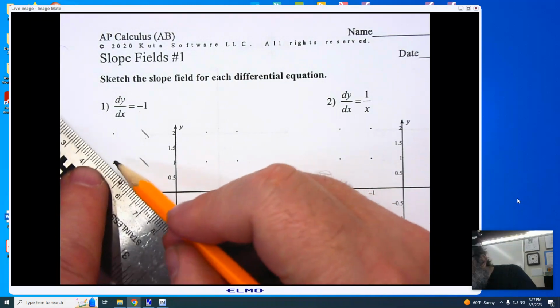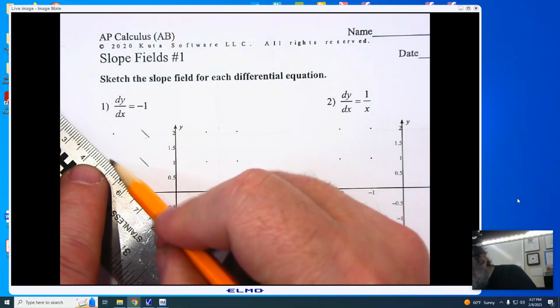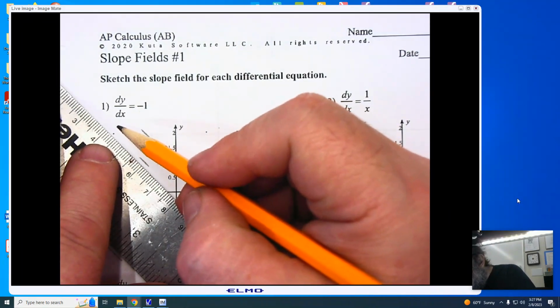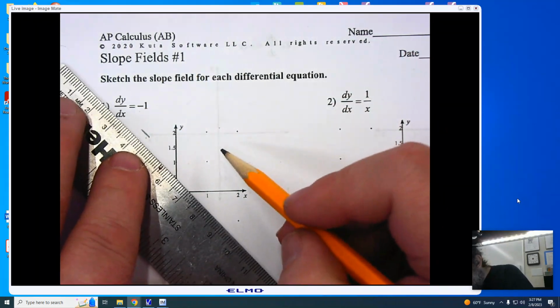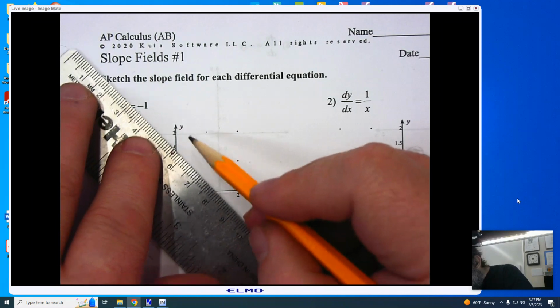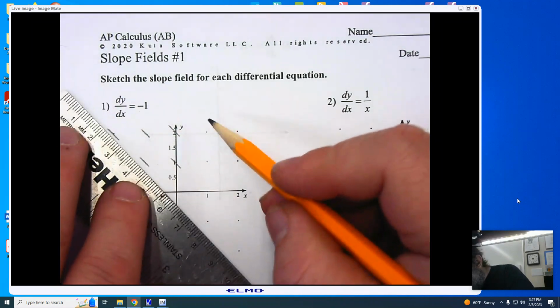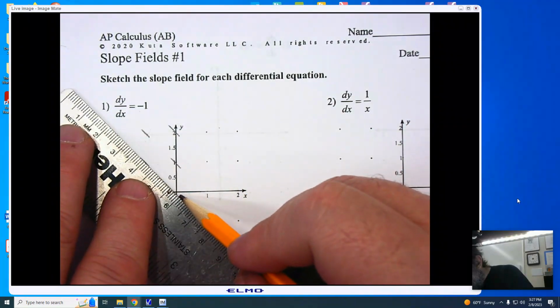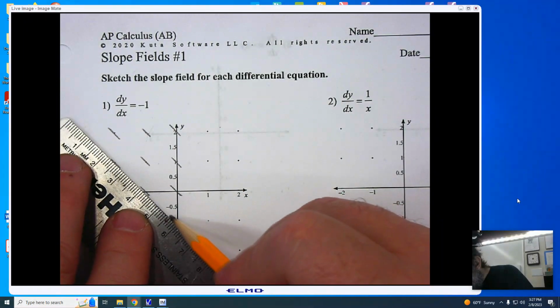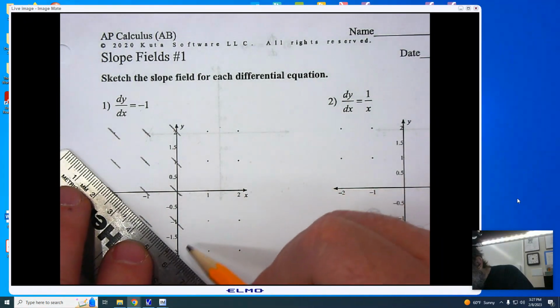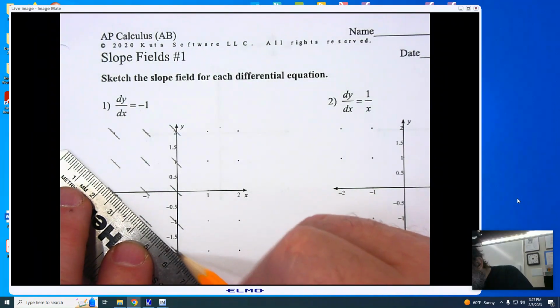Now, you'll notice that the segment's length, there's no clear delineation for how long it has to be. It just can't be across the whole page. If that were the case, it'd kind of be a little silly. And I'm going to make sure that I put this slope at every single point that I have on this page.